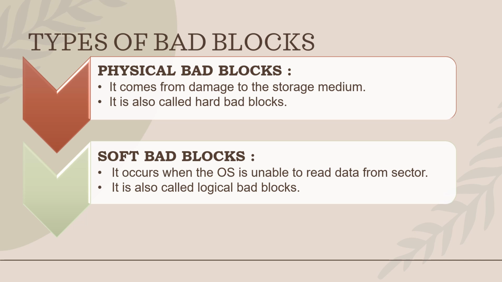For example, a soft bad block occurs when the cyclic redundancy check, CRC, or error correction code, ECC, for a particular storage block does not match the data read by the disk.